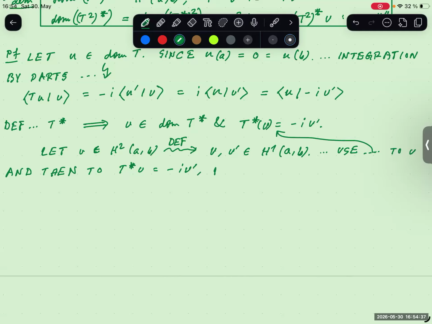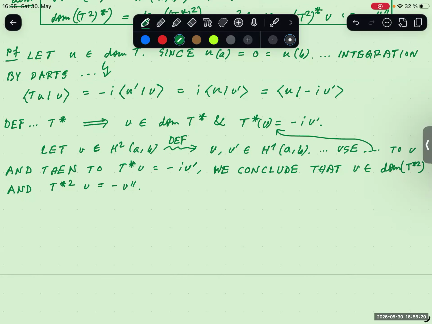We conclude that V is in the domain of T star squared, and T star squared V equals, again, the double derivative of V.